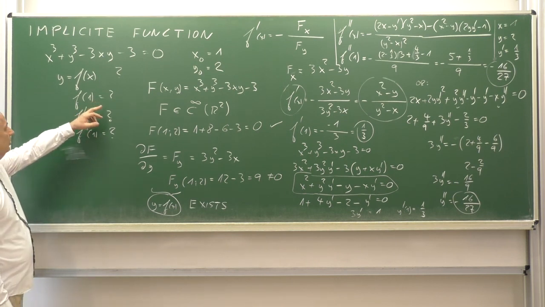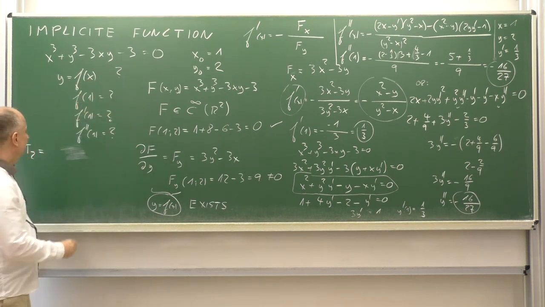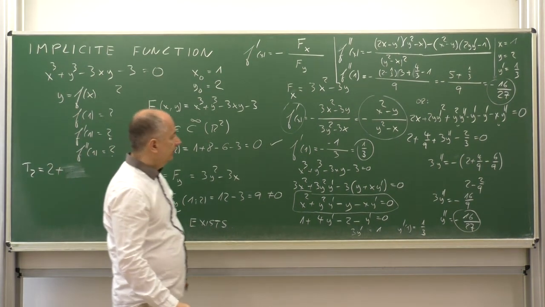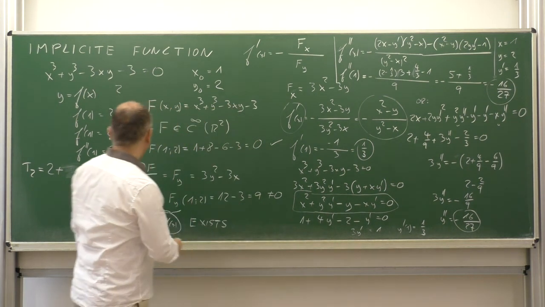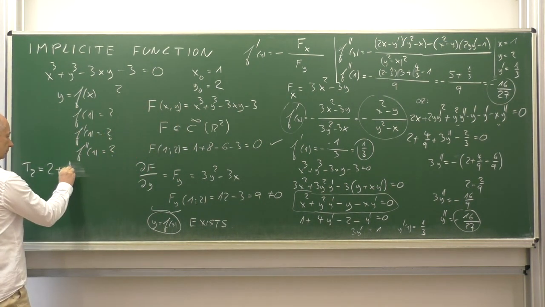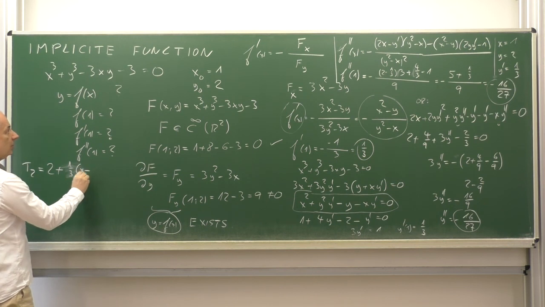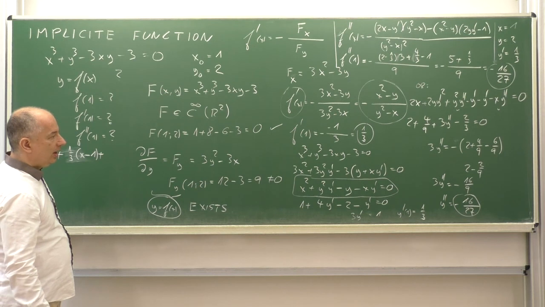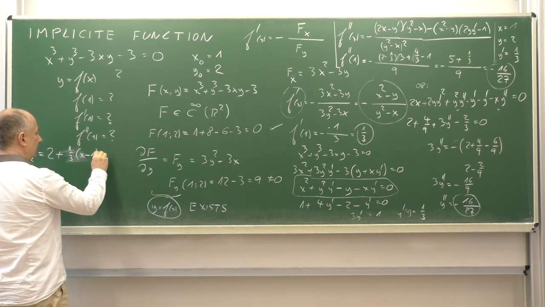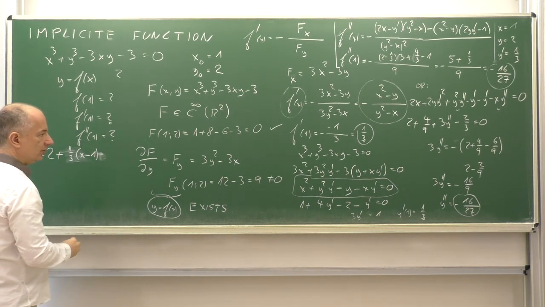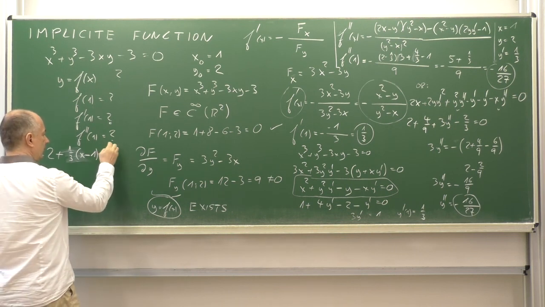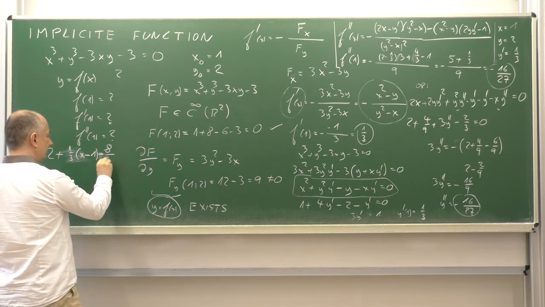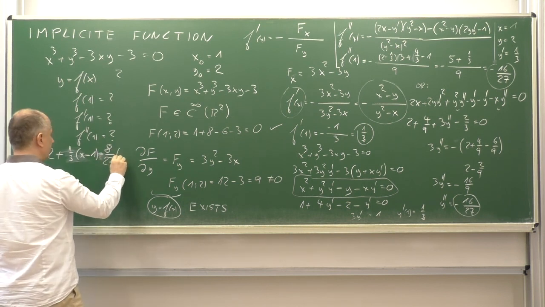This is the function value, which is 2, plus the derivative, which is 1/3, times x minus x0, plus 1/2 of the second derivative, that means minus 1/2 of 16 is 8, over 27 times x minus 1 squared.